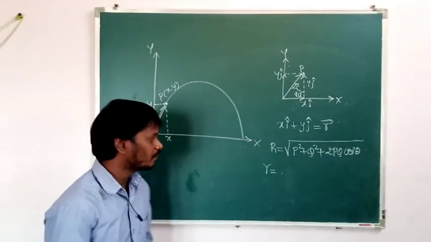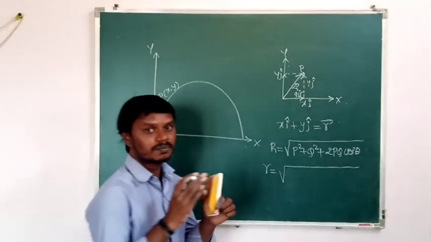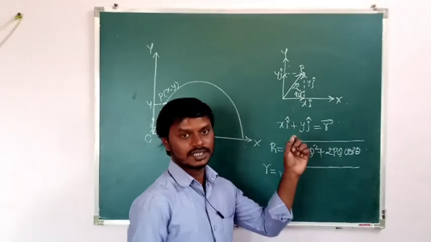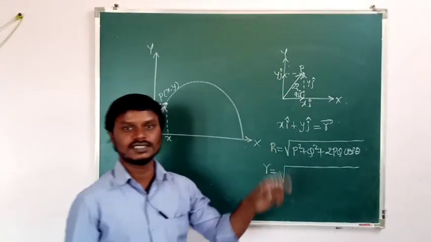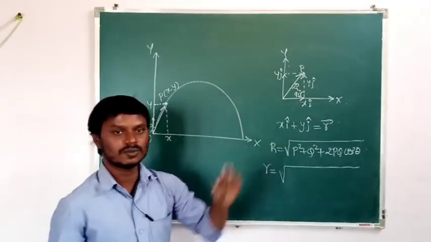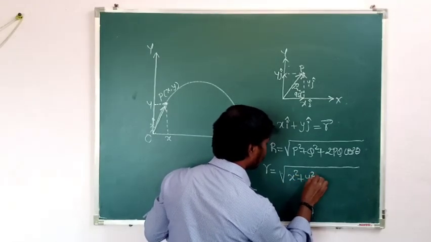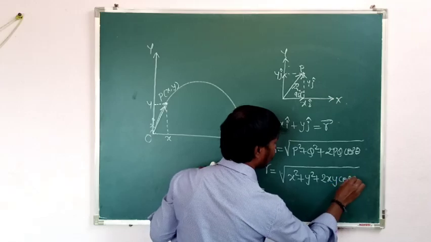Then p can be taken as x. In order to find the magnitude, we are not going to consider the direction here. We are going to consider only the magnitude of xi and the magnitude of yj. Magnitude of xi is x, magnitude of yj is y. Then x square plus y square plus 2xy cos 90 degrees.